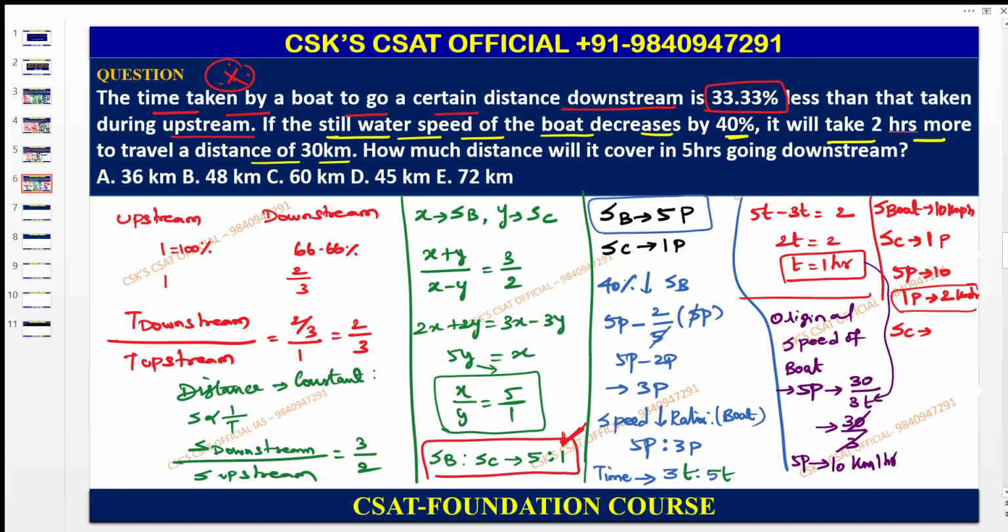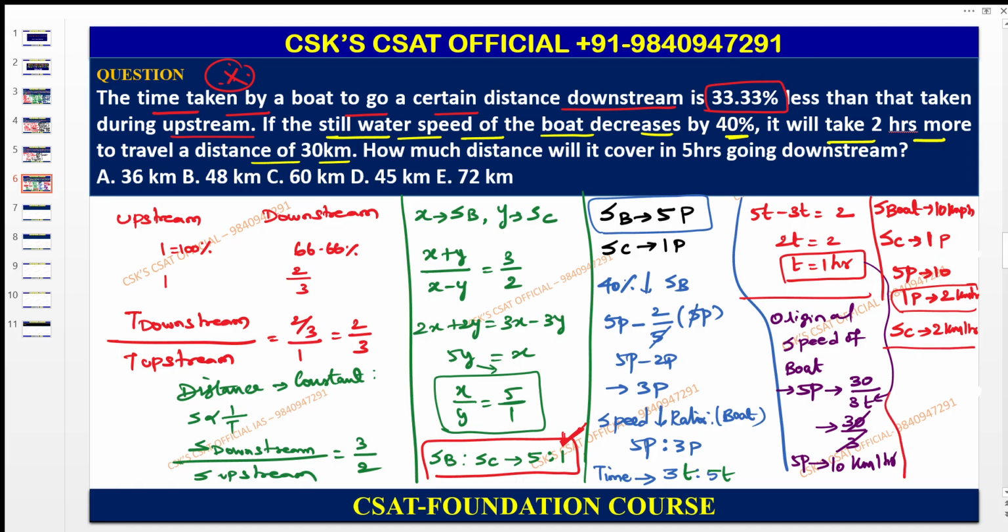So 1p, since 5p is equal to 10, then 1p is equal to 2 km per hour. We are simply dividing 10 by 5, which becomes 2. If the boat is 5 km per hour, then the current is 1. If the boat is 10 km per hour, then the current is 2 km per hour. So that is in the ratio. You have found the speed of the current as 2 km per hour.